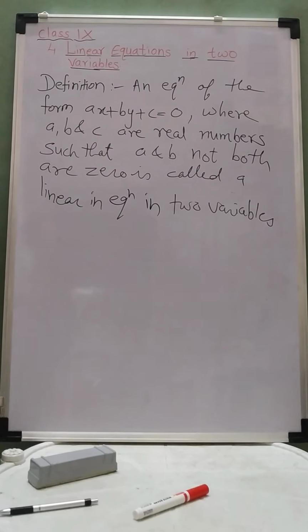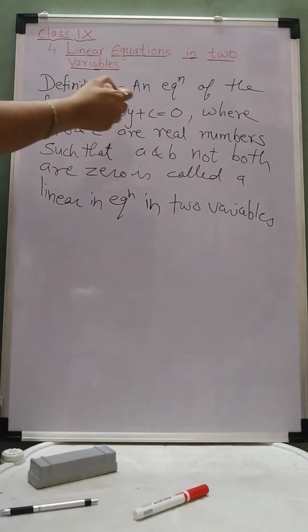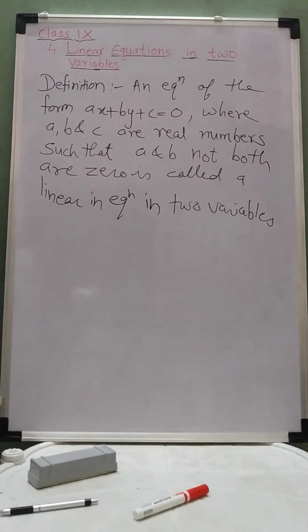So why is the condition given here that a and b are not both equal to 0? If both a and b are 0, then the equation is nothing but a constant term. So the condition is given that both the coefficients are not 0 at a time.